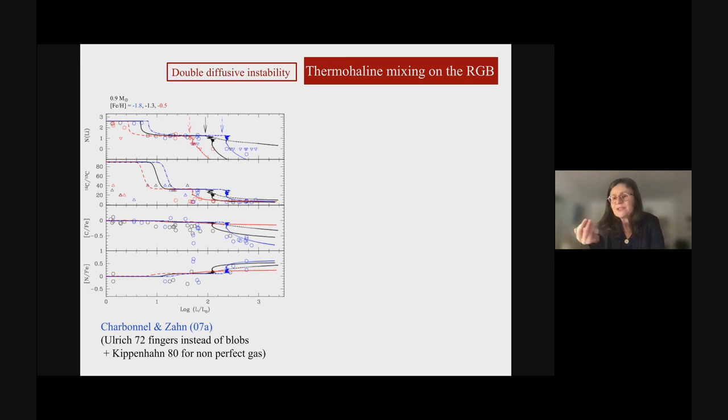And actually, that was an idea at the beginning, to try to explain the variations of oxygen and sodium in globular cluster red giant stars. People thought that we could have a mixing. So at that time, we didn't think about thermohaline mixing, but we were thinking about a process that could go that deep, to this very high temperature of the order of 40 or even 50 million K. But this has never been observed.